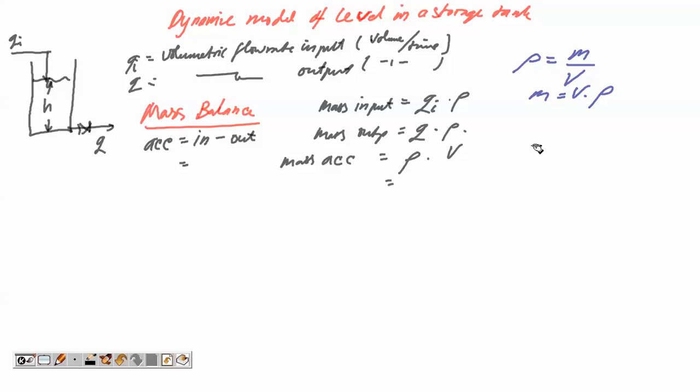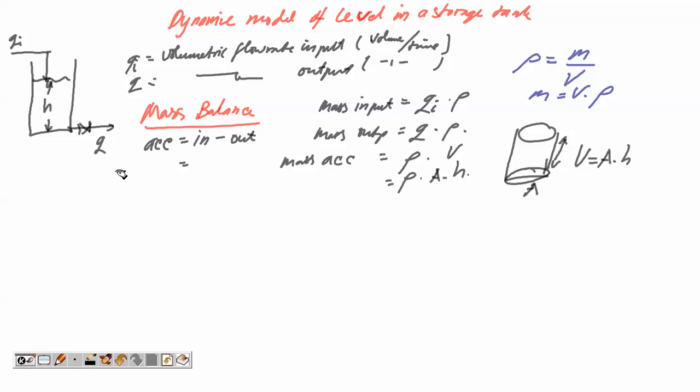And now the volume of the tank is A times H. So the mass accumulation is rho times A times H. We assume that rho is always constant, then we can get the equation like this.